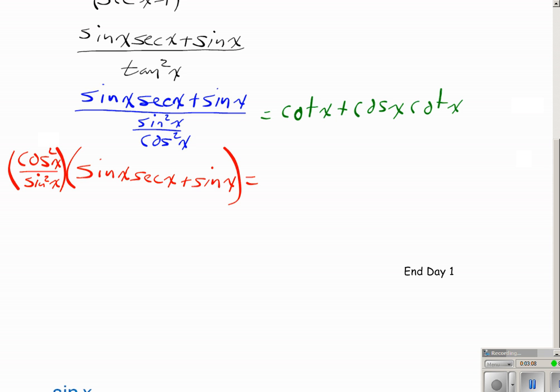And notice that secant is also 1 over cosine. So I'm going to rewrite that, changing my secant to 1 over cosine, so it makes it a little more clear what's happening here.